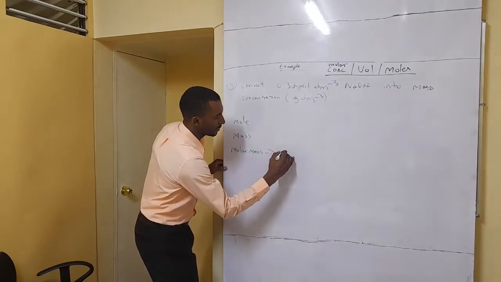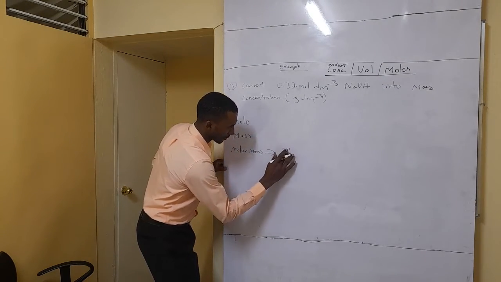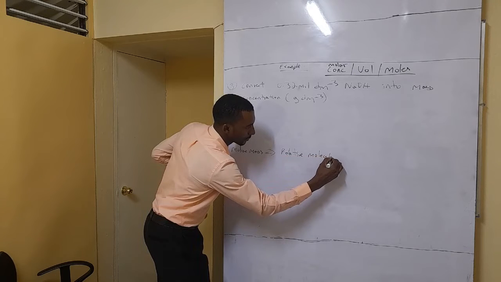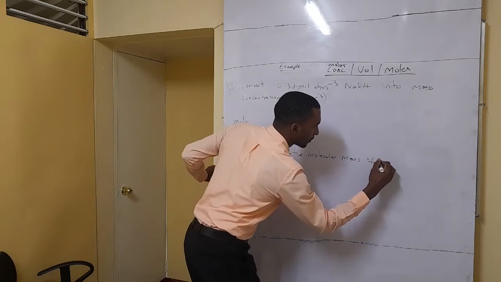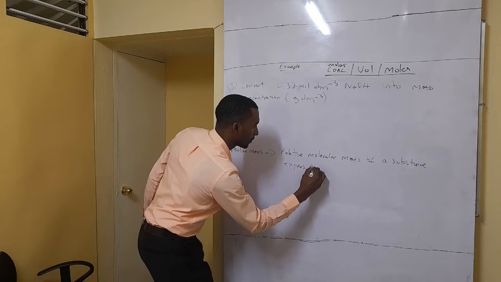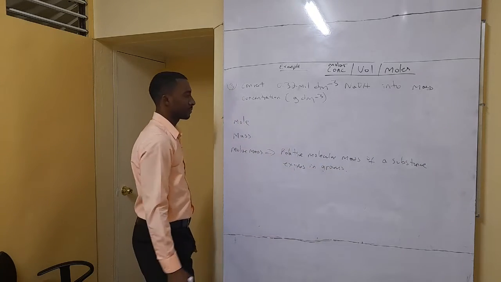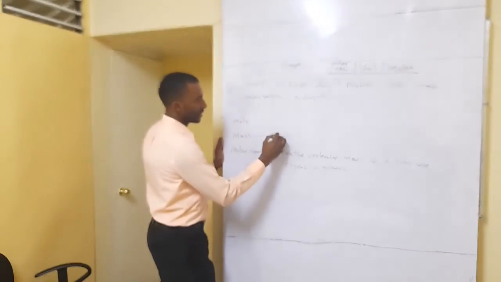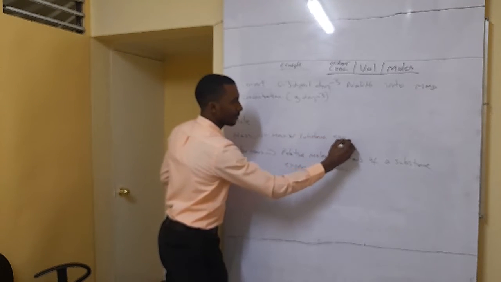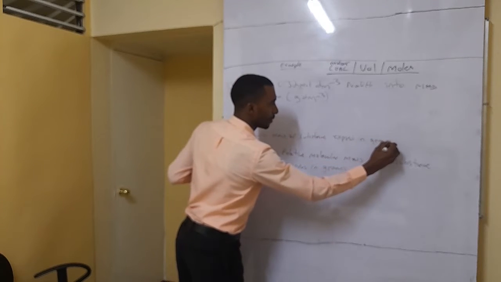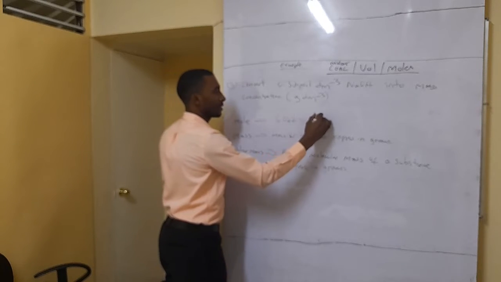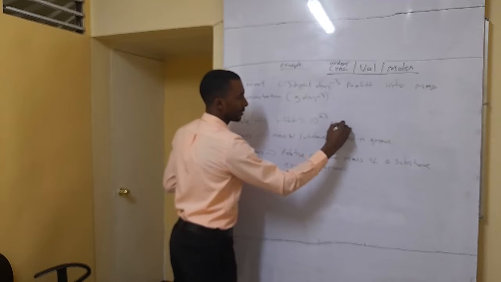The mass of substance expressed in grams, and one mole is 6.022 times 10 to the 23 particles.